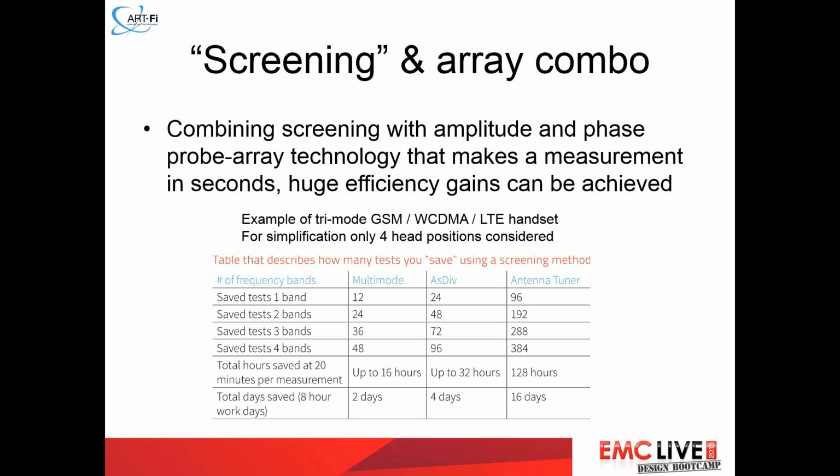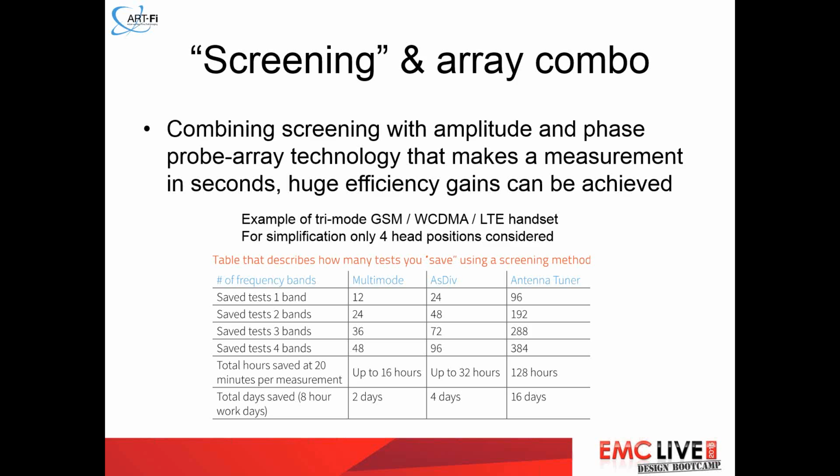If you have 3 modes and 4 head positions, you measure in the middle channel, then you take the worst-case position, and you measure in the high and low frequency channels. You end up with the equivalent of 6 positions times 3 modes, which makes typically 18 tests if you just have one band to test.